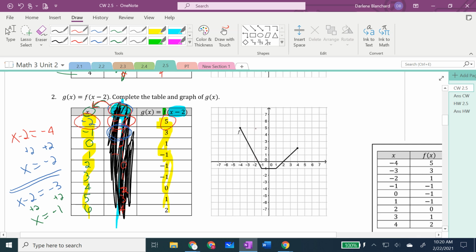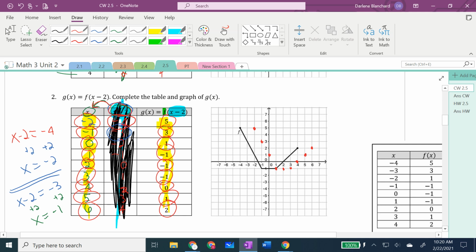Negative 1, 3. 0, 1. 1, negative 1. 2, negative 1. 3, negative 1. 4, 0. 5, 1. And 6, 2.